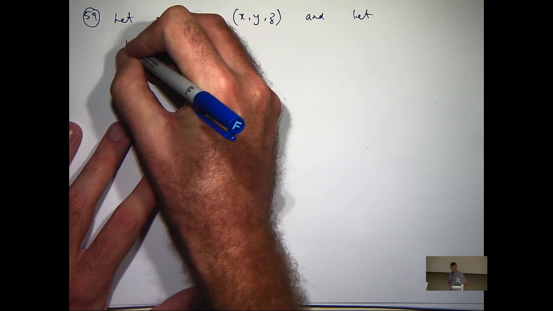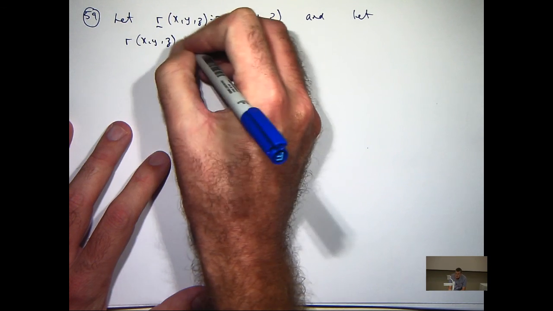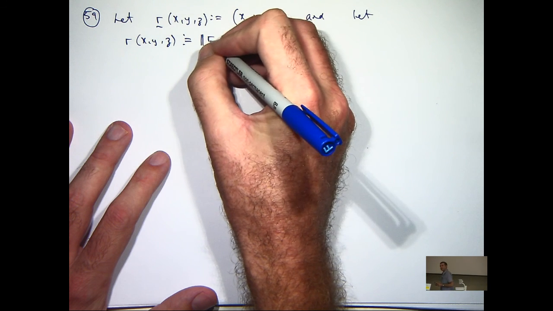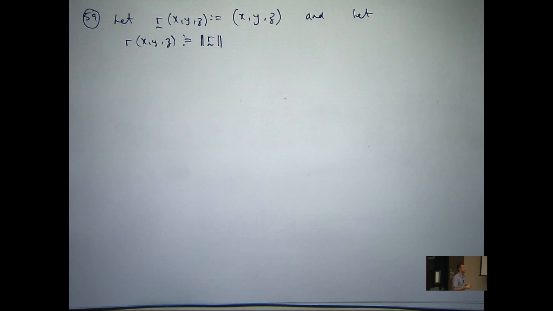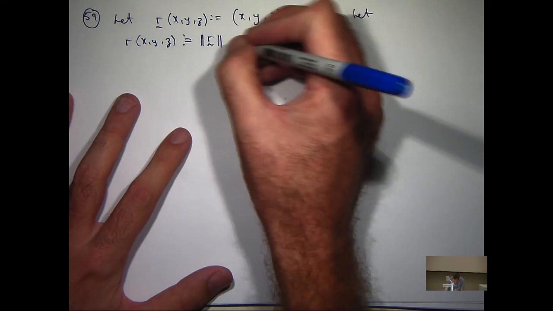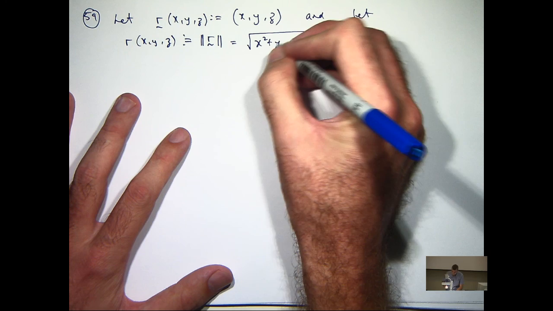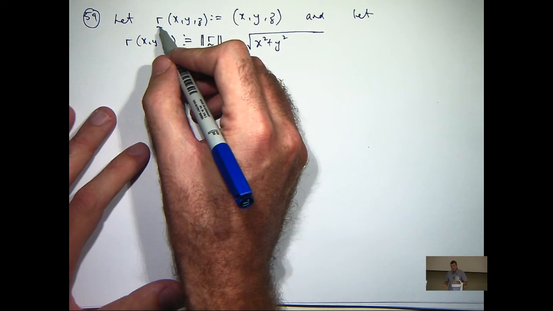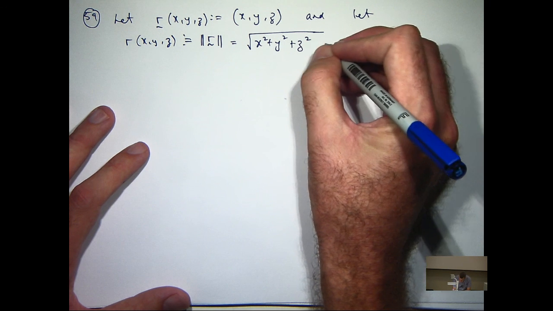And this function R with no tilde is just the magnitude of this vector function R with a tilde under it. So it's helpful if you can really distinguish the difference between having a tilde there and no tilde there. It makes a big difference.